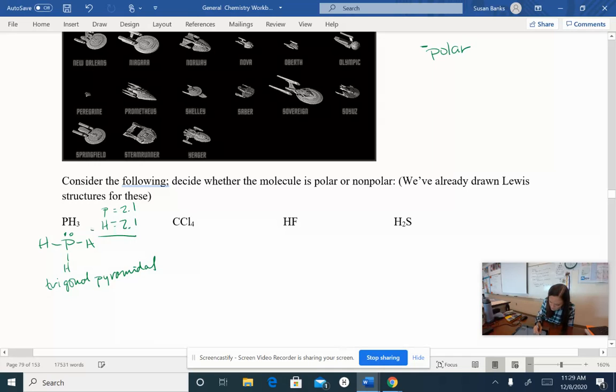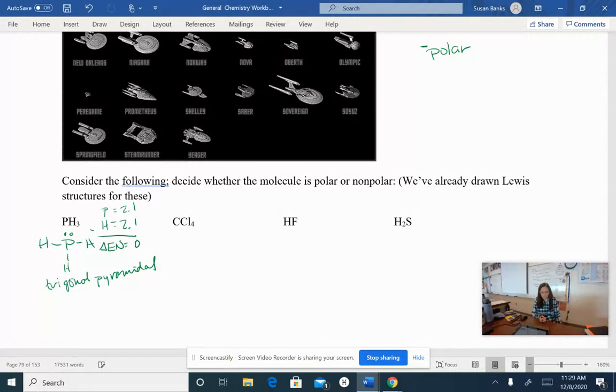So if I subtract the two, the difference here is 0. Now, a lot of people would say, oh, the difference is 0, so there's no polarity. This is where the geometry has to be looked at, okay?